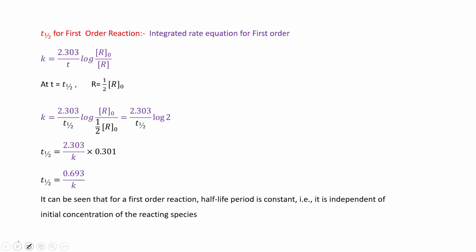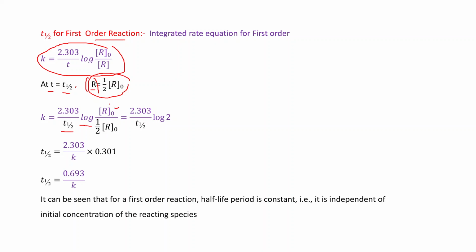Clear? Now see, T half for first order reaction. Now this is the integrated rate equation for first order reaction. When T is equal to T half, then the concentration of reactant becomes half of the initial concentration. Clear? Then again if we put T is equal to T half and concentration of R is half of R naught, then we will get K is equal to 2.303 divided by T half, log R naught divided by half of R naught.